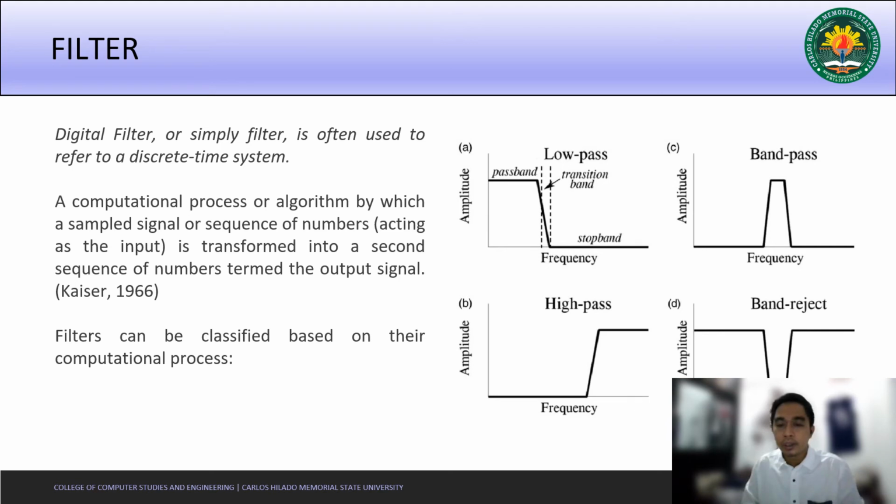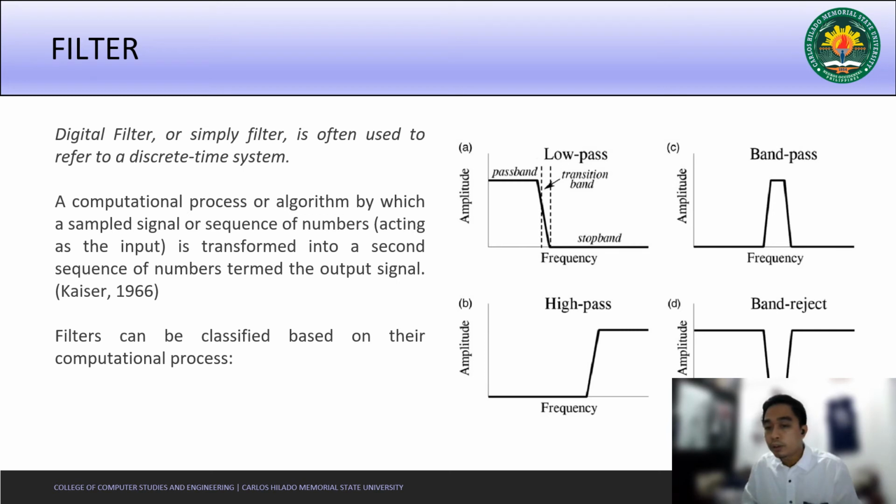As you can see, the graphs of low pass and high pass do not intersect because they have a different notion of accepting frequency in the frequency domain. So we are not in the time domain when using filters.